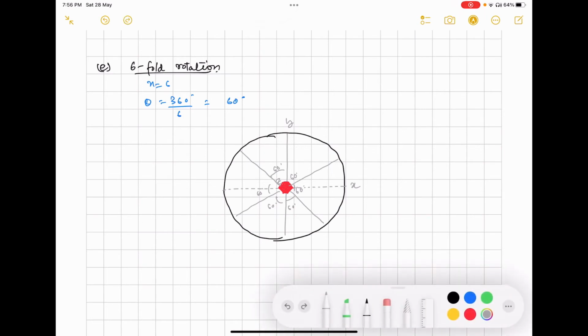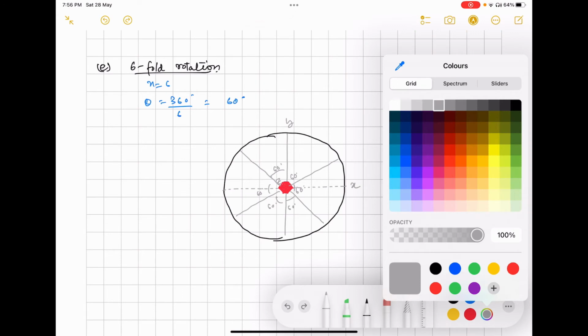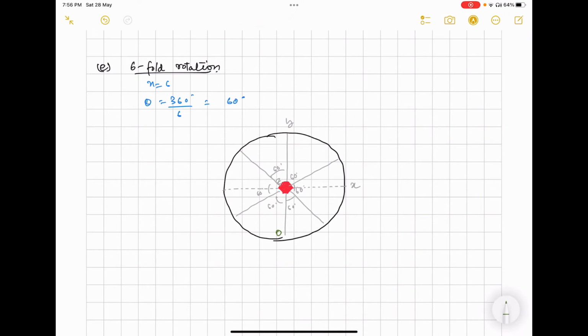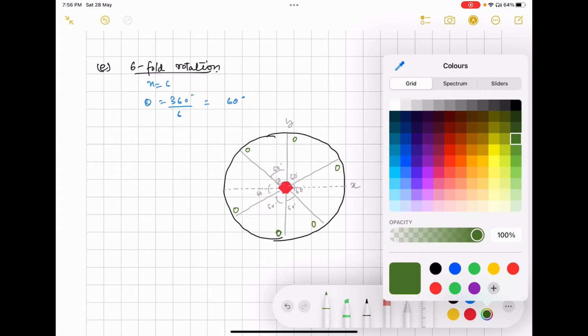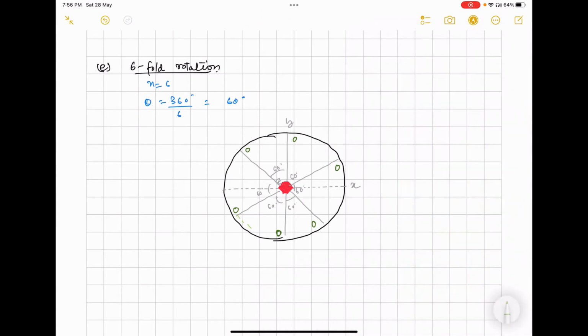Now suppose I start with a point here. After 60 degrees it should reach here, then 60, 60, 60, 60 and then 60. After rotations it reaches successive points.